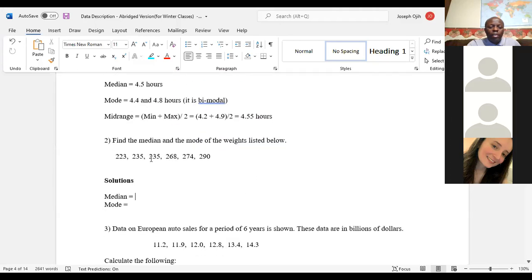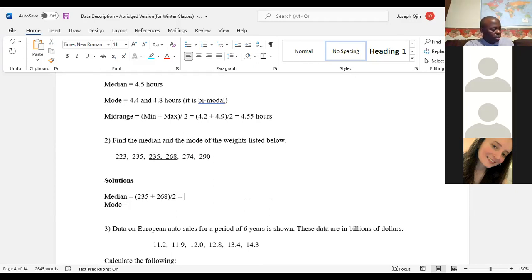Here there is no single number in the middle because they're even, so there are 2 numbers in the middle. These 2 numbers will now be used to find the median. So the median becomes 235 plus 268 divided by 2.